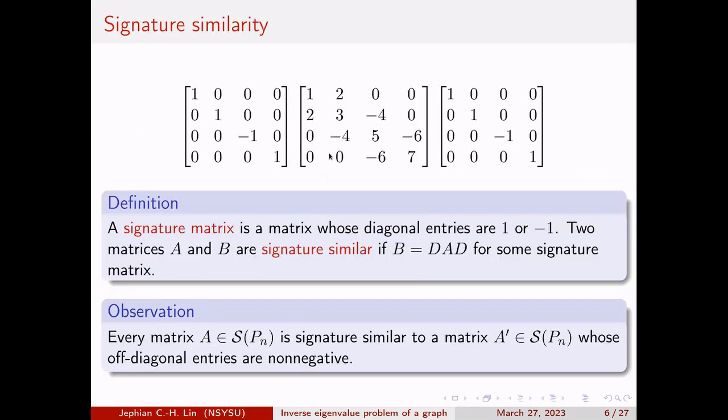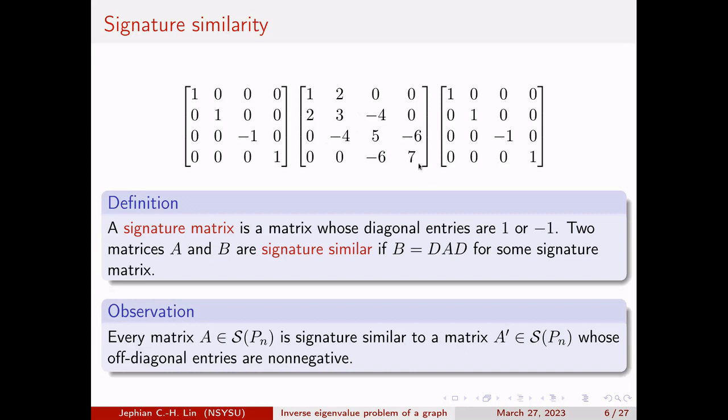Now there are at least 2 or 3 pure linear algebra results, not too much related to a graph, that I want to share. First, suppose I have a matrix of a path. Basically, it is a symmetric matrix, tridiagonal, and irreducible.